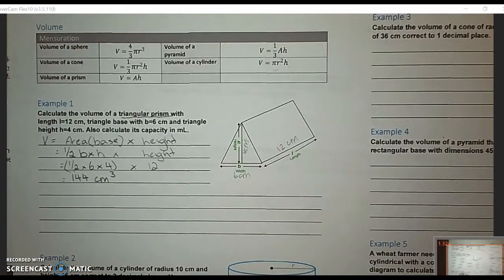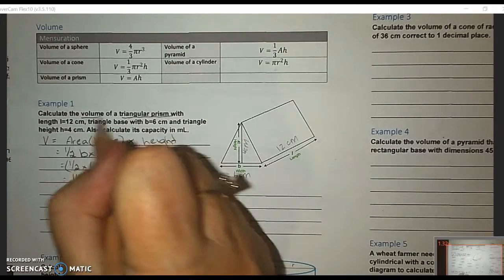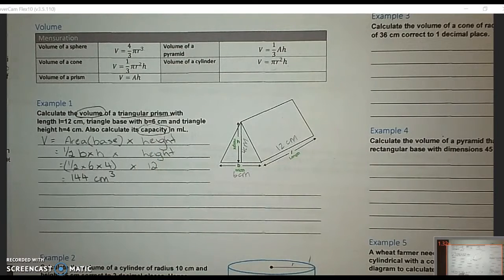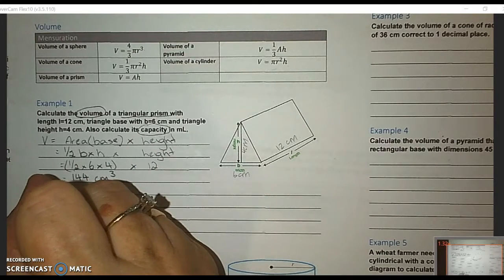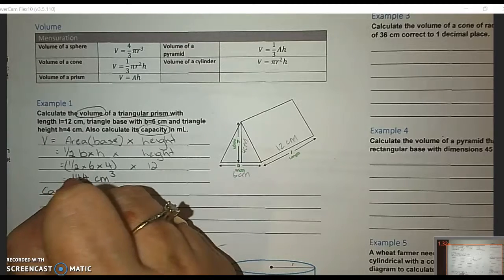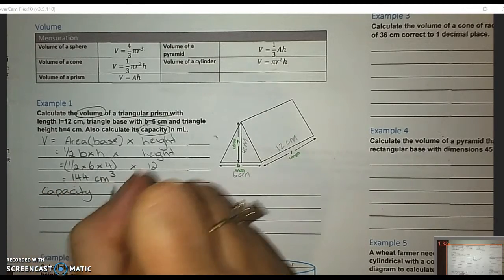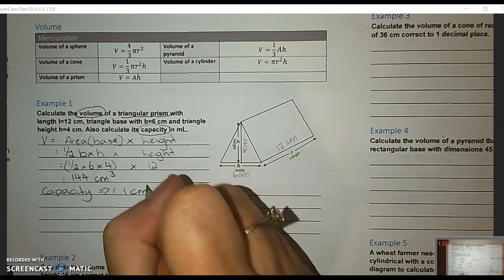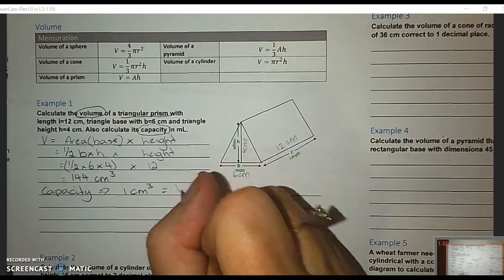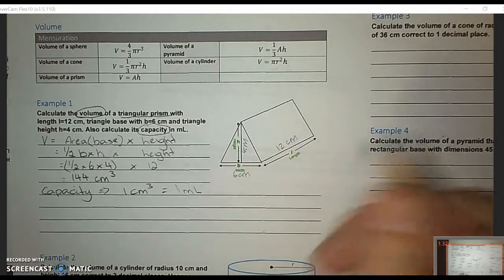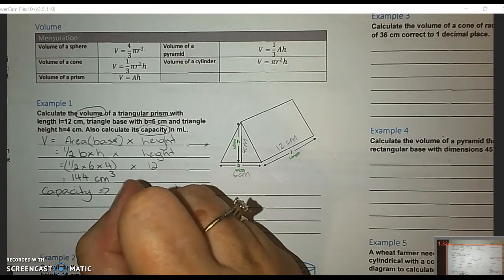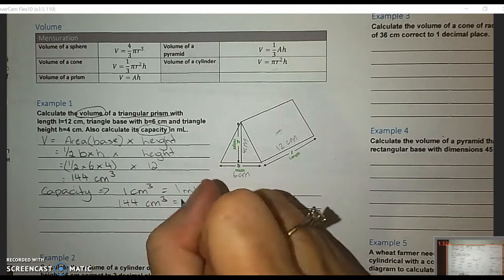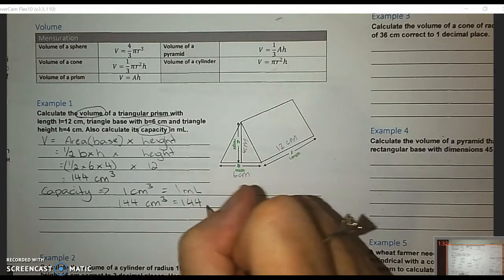Now our question has asked to find the volume and the capacity. So we write capacity. 1 centimeter cubed equals 1 milliliter. 144 centimeters cubed equals 144 milliliters.